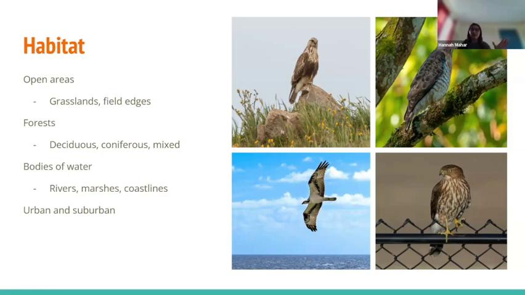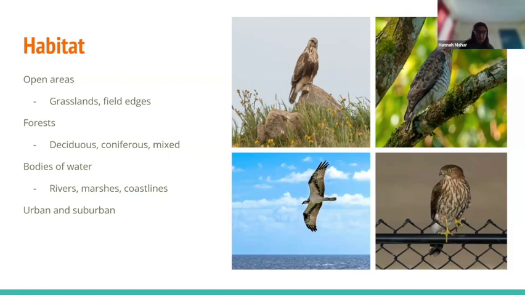They're the ones you often see perched on fence posts or on a telephone wire looking for any rodents or insects or small songbirds hiding in the grass. Another bird that you'll especially see on those field edges, or the transitional zones between either a forest and a field or a road and a field, are red-tailed hawks. Again, that's a really great place to find small rodents and other prey that they prefer.